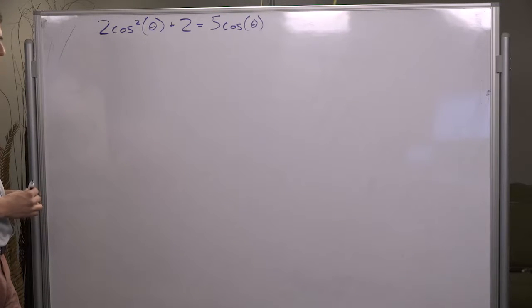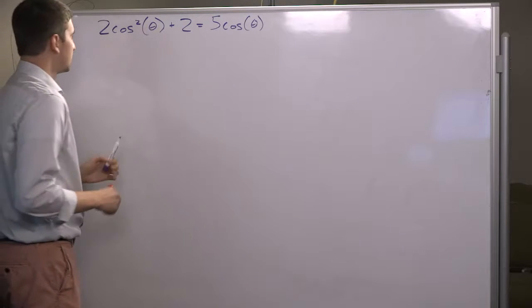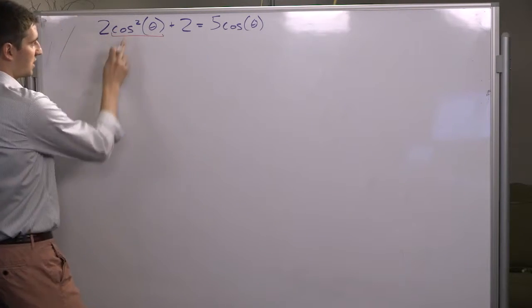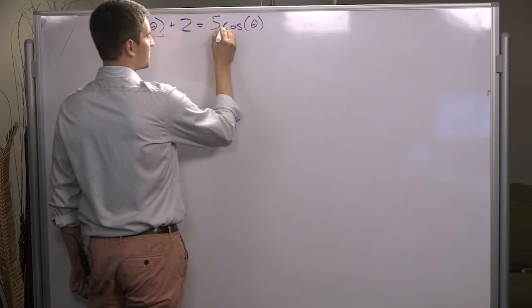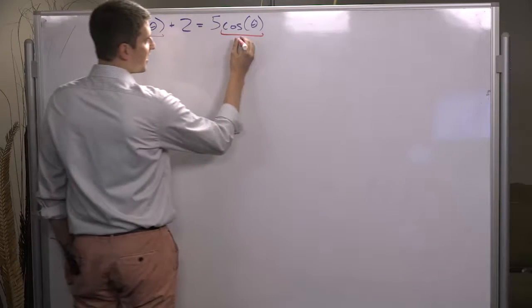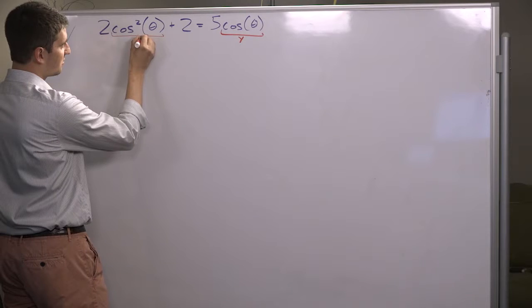So here we have our initial equation, and we'd like to solve it. What we can do is start thinking about what the trigonometric functions are here. We have this cosine squared of theta, as well as this cosine of theta. If we think of this as something like a y, as some other variable, this is really just y squared.